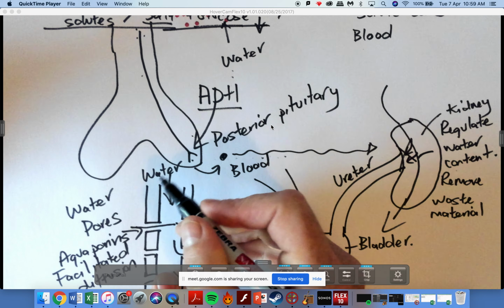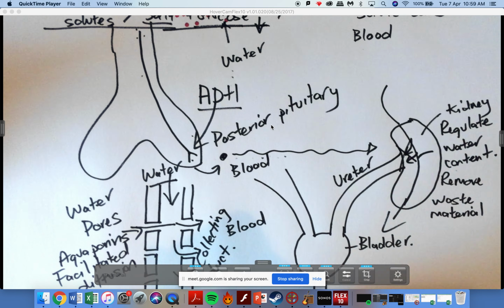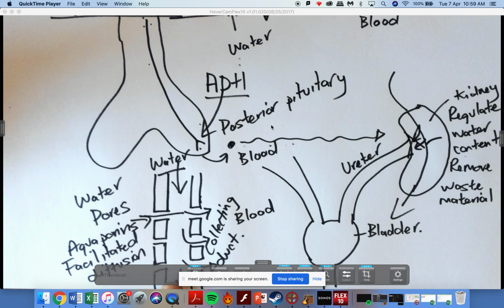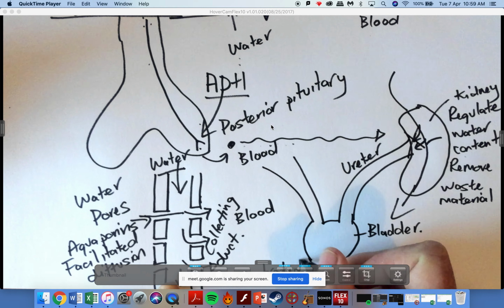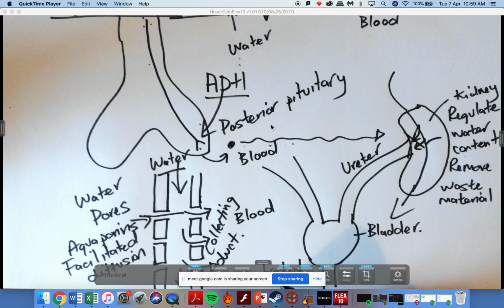Now, if we absorb a lot of water out of here, then the urine coming out is going to be concentrated urine. This is when your urine turns a dark colour. It's become concentrated because you've absorbed a lot of water.